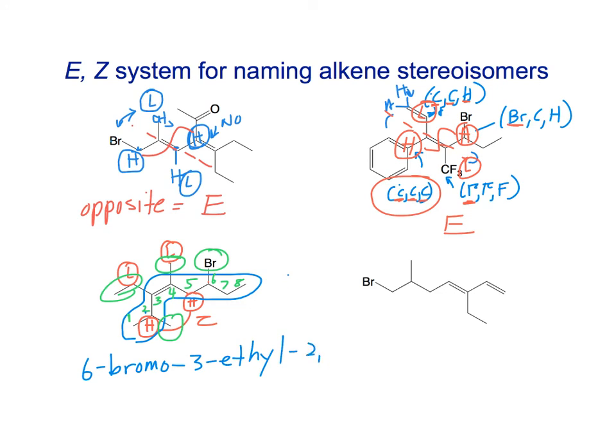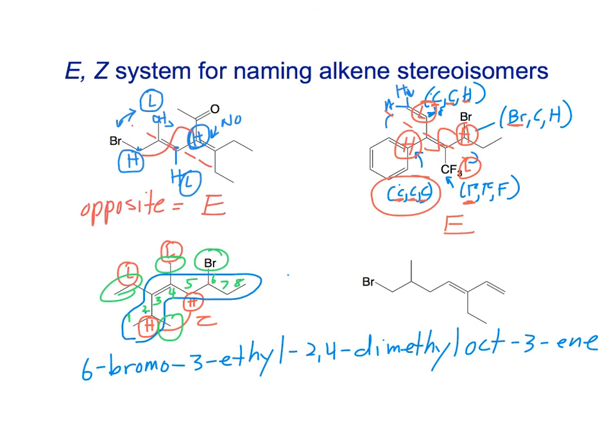So 2,4-dimethyl. And then we have the oct-3-ene. All right, so there's the whole name.